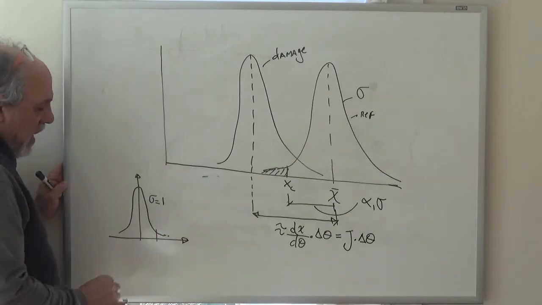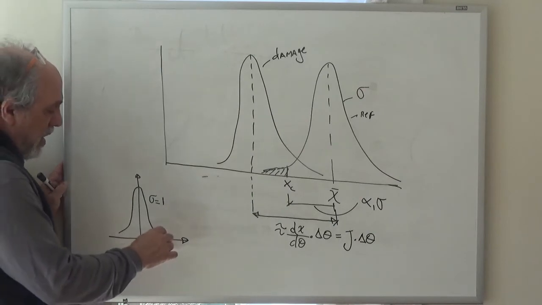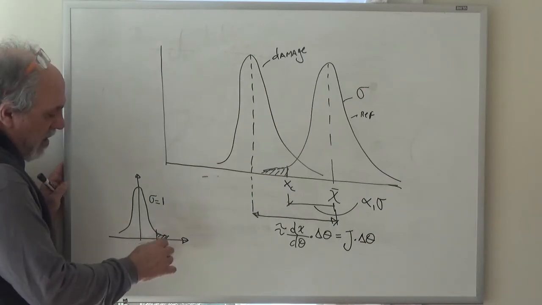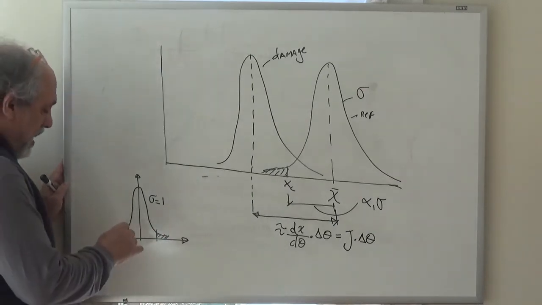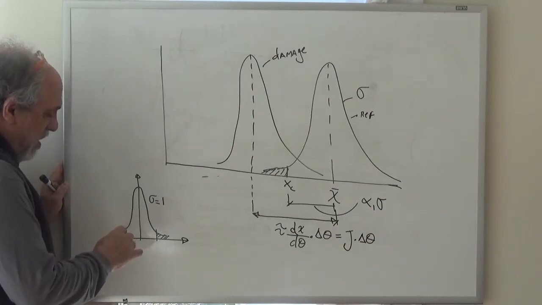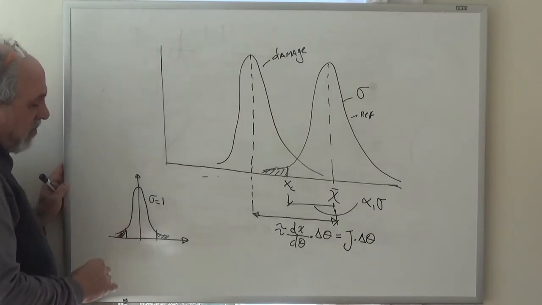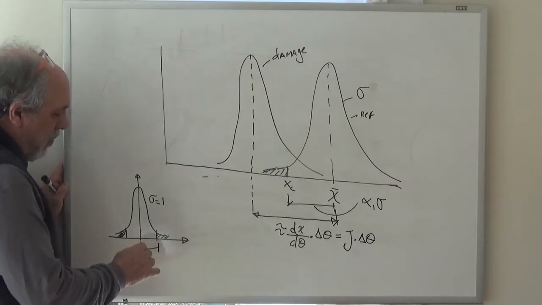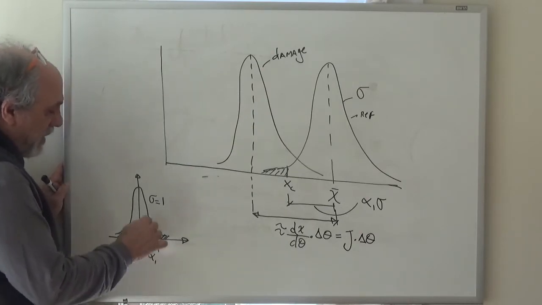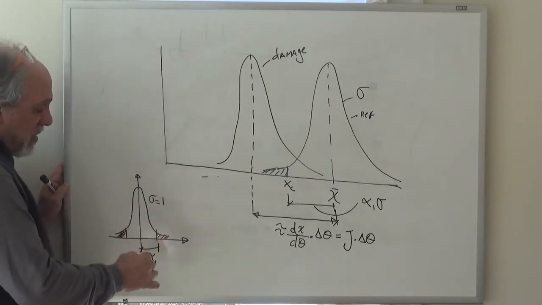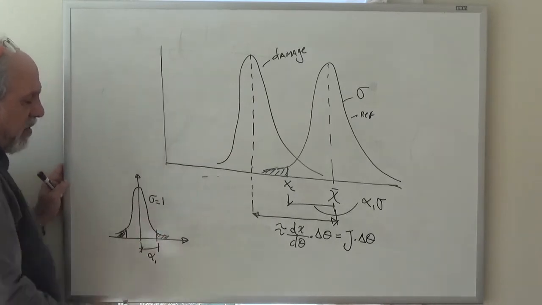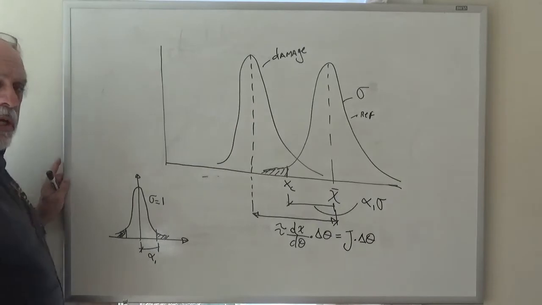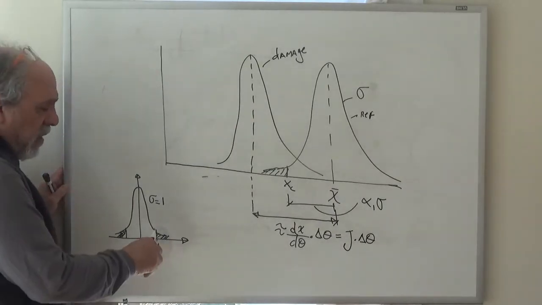So if we want this area here, which is really the same thing as this area here, to be some fraction, then that requires that we move alpha 1 times sigma, which is 1 in this case, right?